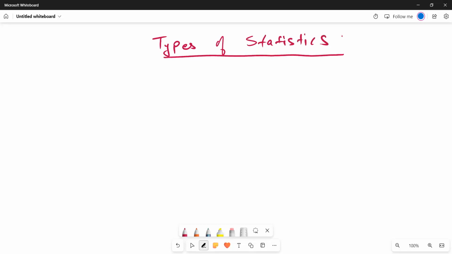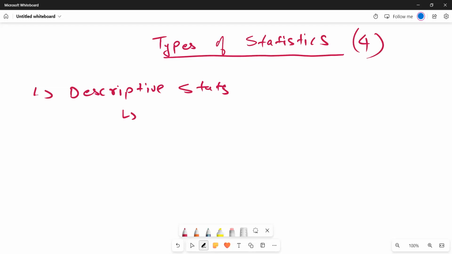So basically, we have four types of statistics, right? The first is the descriptive statistics. In descriptive statistics, we basically see the description of the data, or it describes your data set in statistical terms.